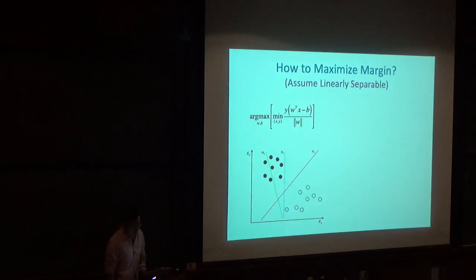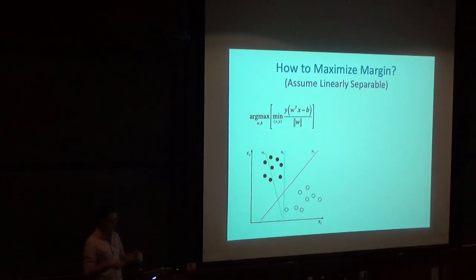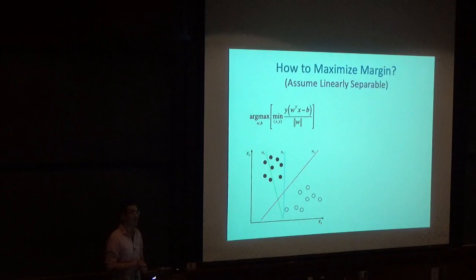What does that mean? Let's assume for simplicity that B is 0. If we scale up W by a factor of 10, the answer stays exactly the same. So in other words, there's an infinite number of possible solutions to this optimization problem as stated.